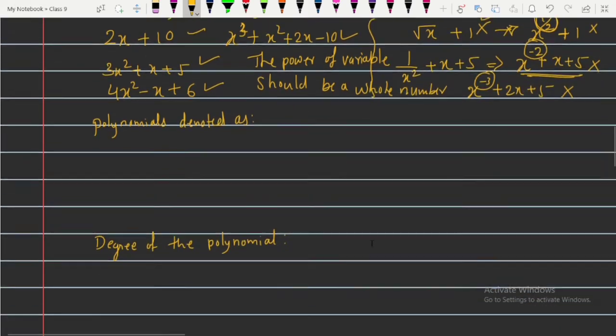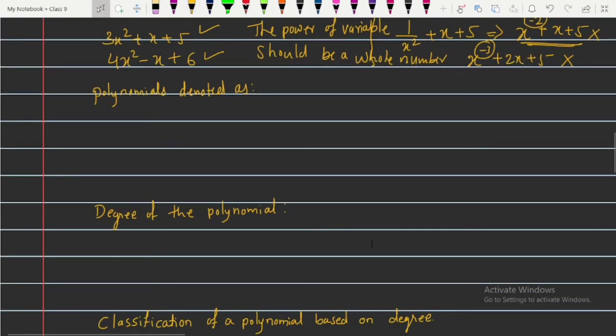Now, we can denote a polynomial like this. For example, how do you represent members, by calling their names, right? If a friend of mine, Pawan, is there, I will represent him as Pawan. In the same way, 2x plus 5 is a polynomial, so we represent it as p of x.